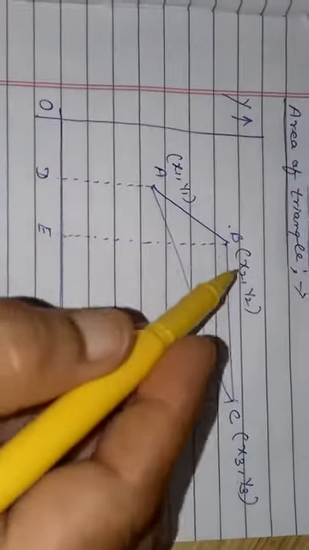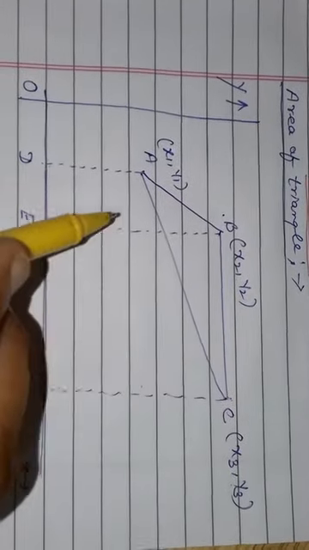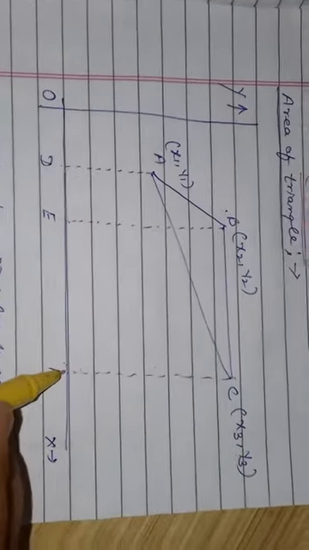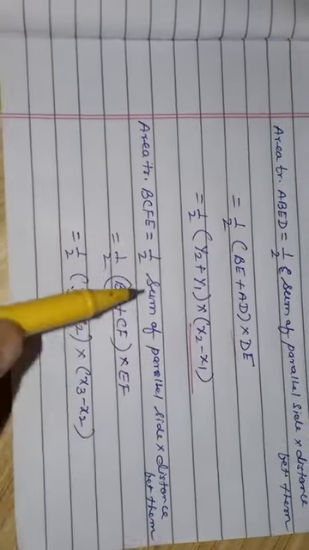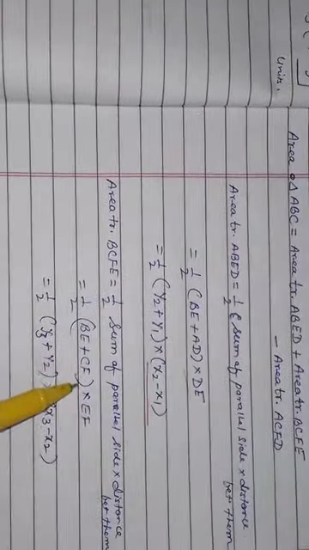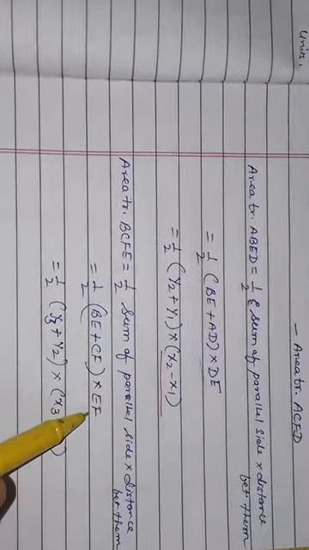So this area will be half, sum of parallel sides means y3 plus y2, into distance between the two, which is x3 minus x2. So it is written here, area of BCFE is equal to half sum of parallel sides, that is BE plus CF, into the distance between them, which is EF.